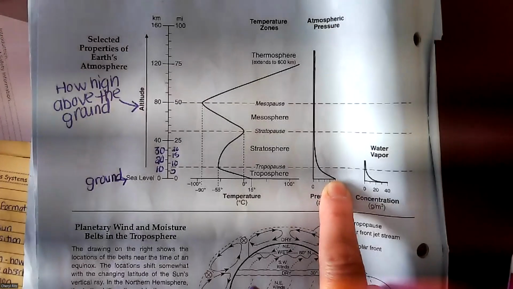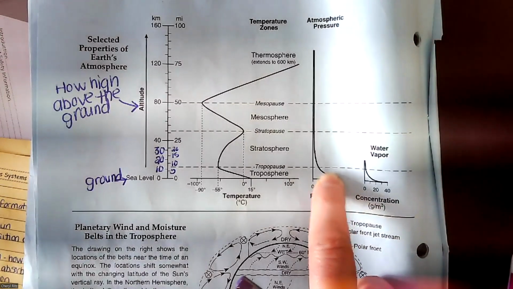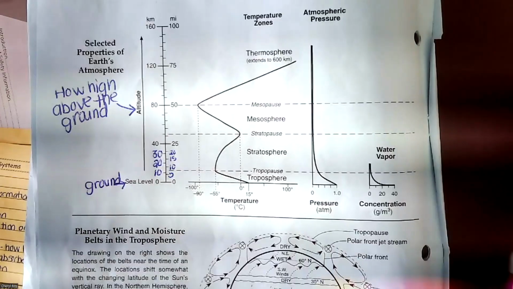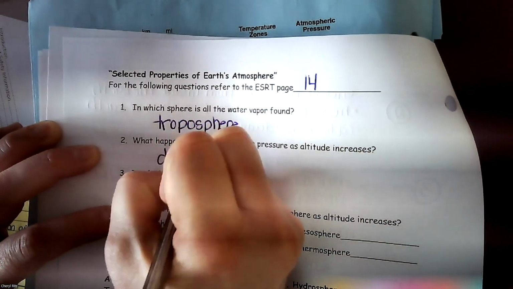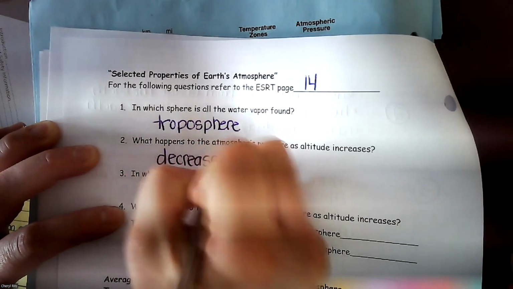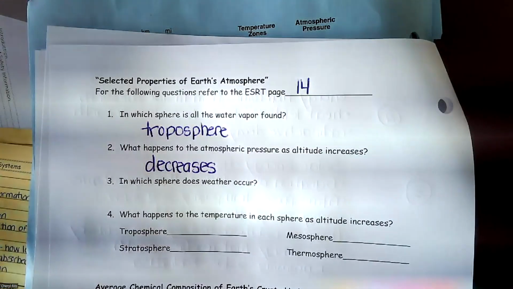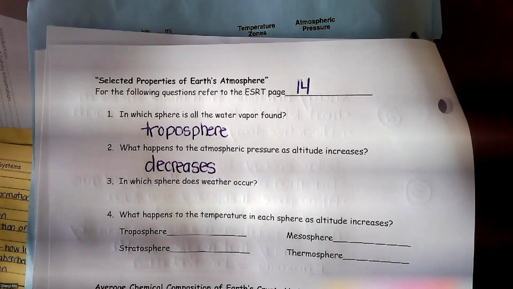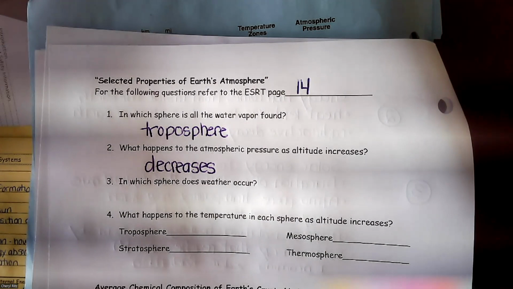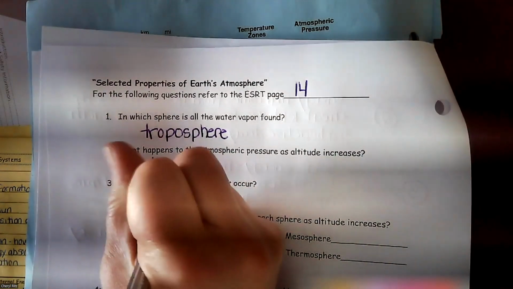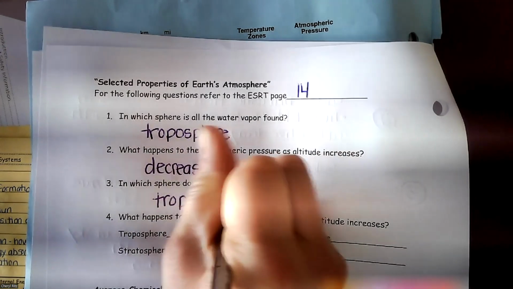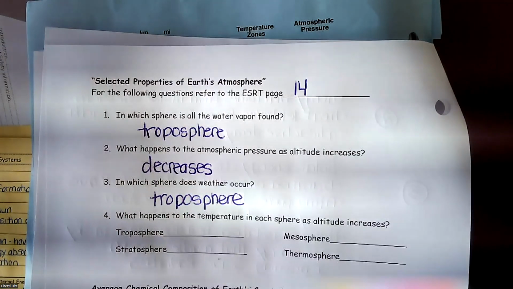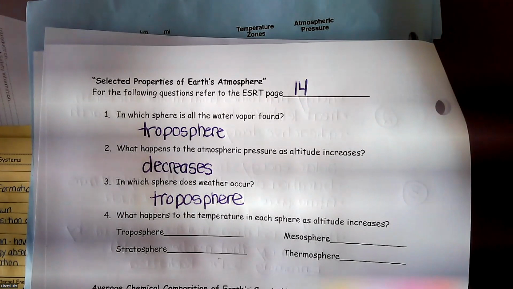We start off at 1 on the ground, and as you go higher, it gets closer to 0. So the pressure decreases. In which sphere is there all the weather? Troposphere. Why? Because that's where the water is, and where there's water, there's weather.